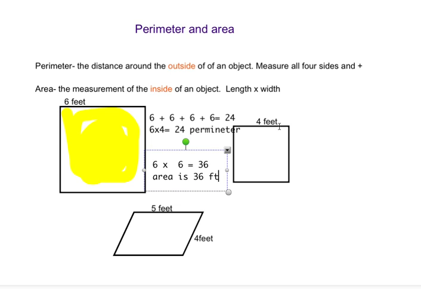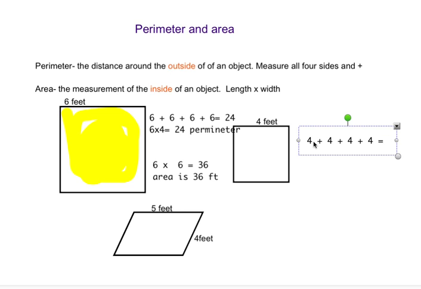If I do this smaller square over here, again, I have 4 feet on each side. So I would do 4 plus 4 plus 4 plus 4, which would equal 16. Or I could also do 4 times 4 for each of the sides. I would still come up with 16.